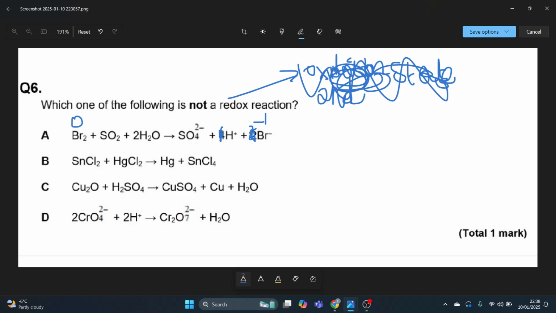And then for sulfur, that's -2. I'm just gonna double check this.